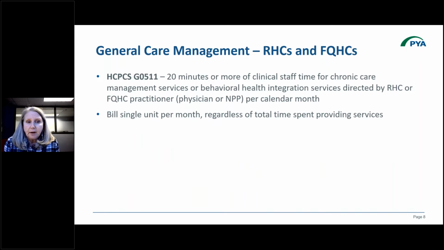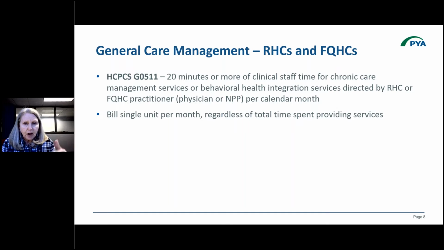Finally, we have a HCPCS code, G0511, which is used for reimbursement to rural health clinics and federally qualified health centers as general care management services. As you know, RHCs and FQHCs bill on an encounter rate. So for whatever service is provided at that encounter, there's a flat rate reimbursement for those services.